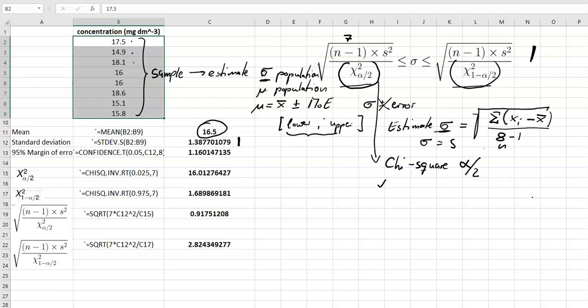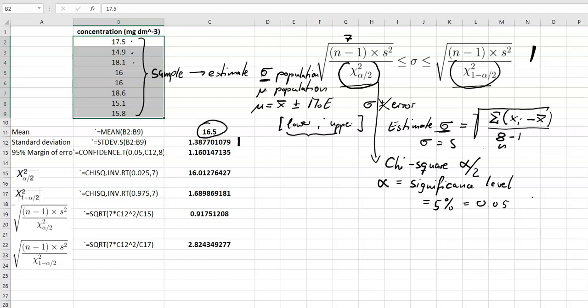Well, alpha simply is the significance level, also known as the type 1 error. And we would usually set this to, say, 5%, which is the same as 0.05.